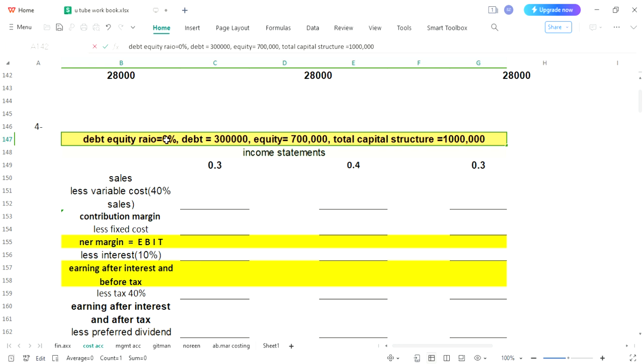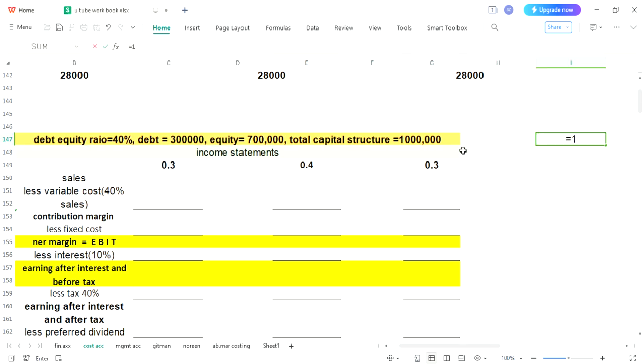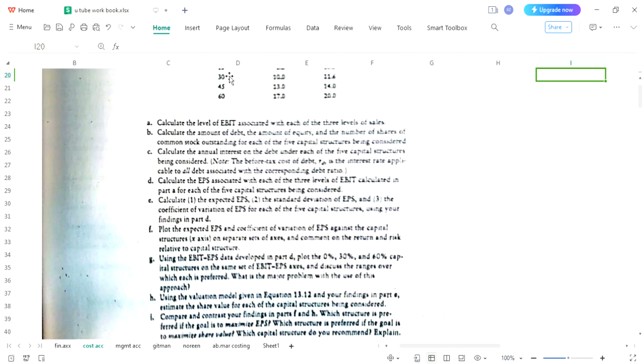First change we have made, and now we will calculate how much would be the debt. At this stage, as you know, your capital structure is 1 million, and you will take 45% as your amount of debt.